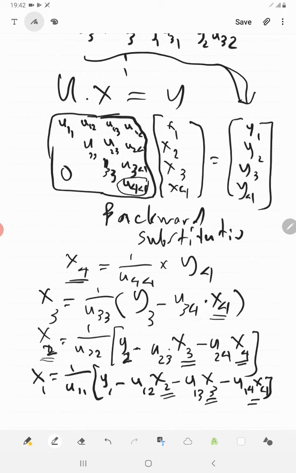So we modify L here, and we modify the upper triangular matrix U by subtracting: row 2 equals row 2 minus row 1 times this factor, U2,1 divided by U1,1, the first element. We repeat it, and according to this we finalize the first step.